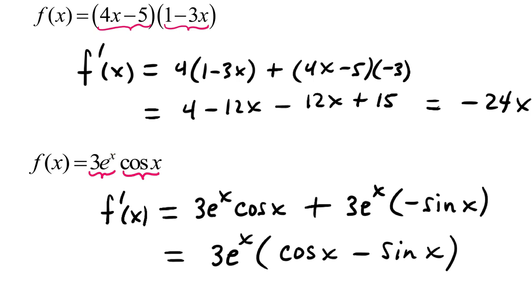Remember, e to the x is a special function that has its own derivative, times the second function, cosine x, plus then we're going to copy the first function as is times the derivative of cosine x, which is negative sine x. Both terms have 3e to the x, so I'm writing it in factored form: 3e to the x times (cosine x minus sine x).